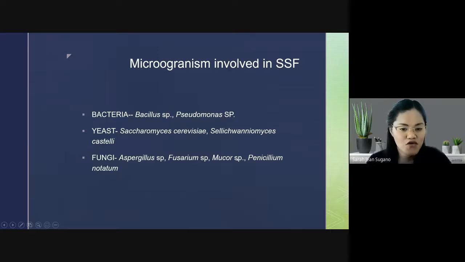Mucor is also one of the fungi involved in the fermentation of wine. We also have Penicillium notatum, the microorganism that produces penicillin, discovered by Alexander Fleming.